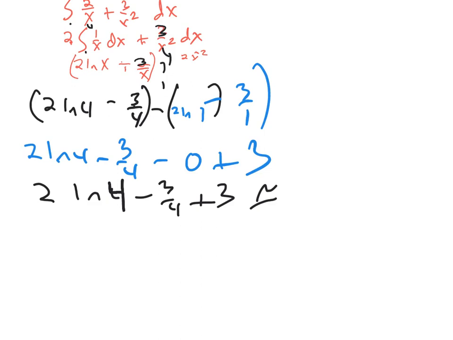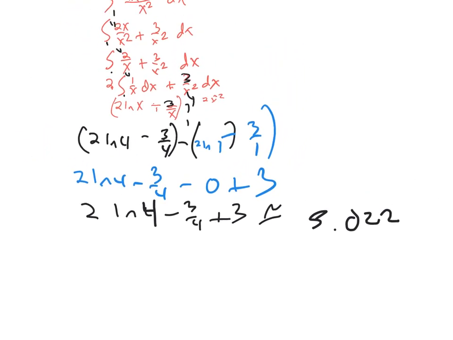You can't key in 2 natural log of 4? 5.022. You typed it in? Is that what you said? The problem here, it should be the same thing. This still is 12/4. Okay, we didn't have a 3/4?